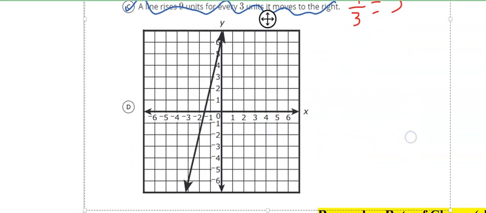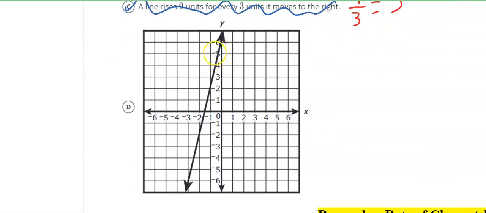And for D, again, we can do rise over run. If I pick 2 perfect spots, so let's see, here's a perfect spot, and so is right here. If I do my rise over run, I'm going up 1, 2, 3, 4 spots here, and I'm running over once.